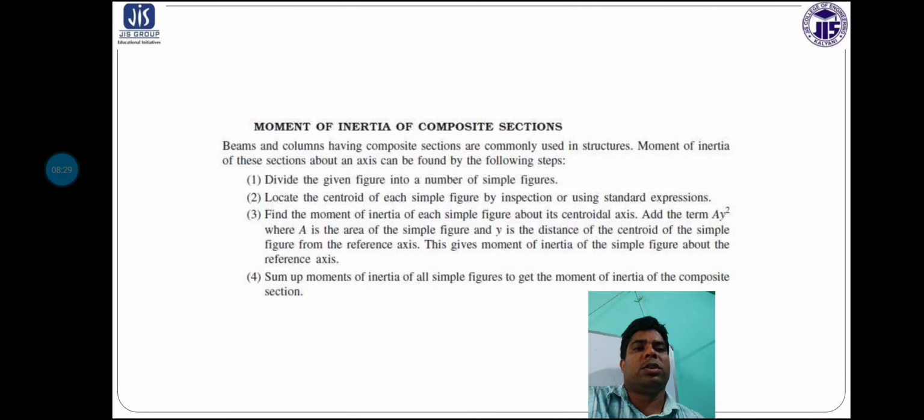Now this gives the moment of inertia of the simple figure about the reference line or axis. Fourth point, sum up the moment of inertia of all simple figures and get the moment of inertia of the composite section.